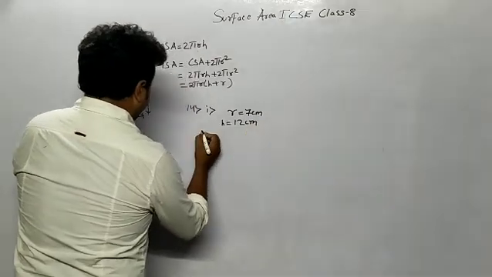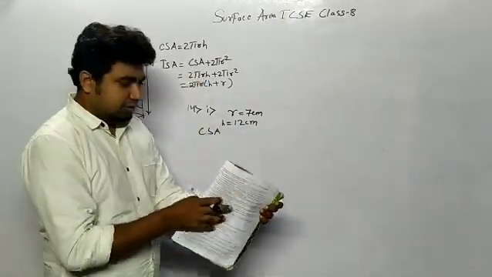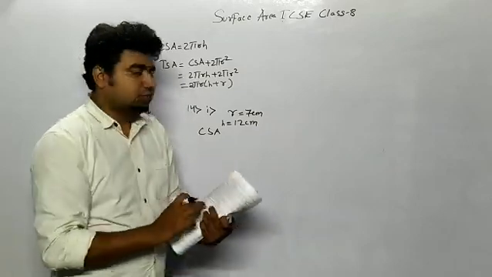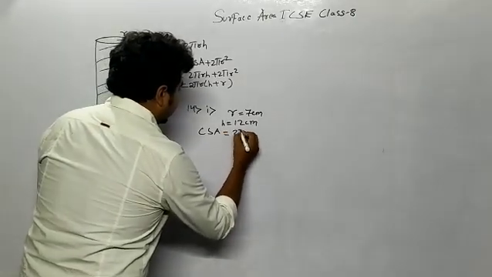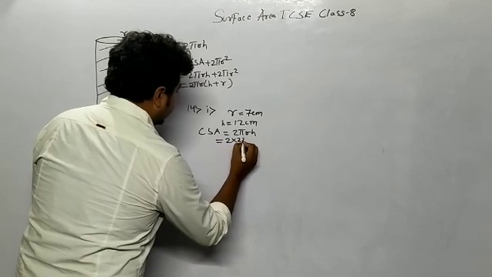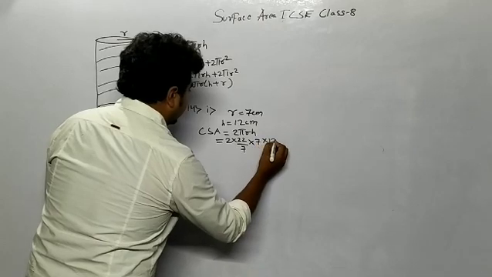The curved surface area, the rounded part, has the formula 2 pi r h. We can write it as 2 into 22 by 7 into 7 into 12.